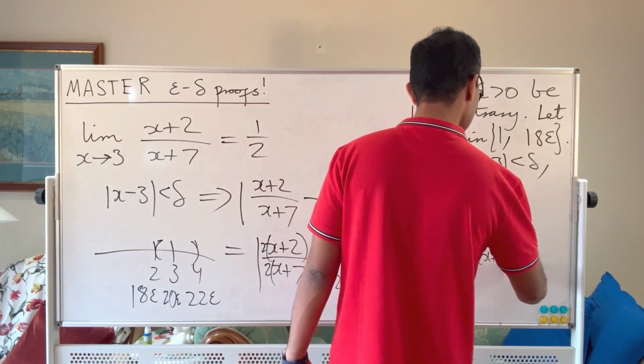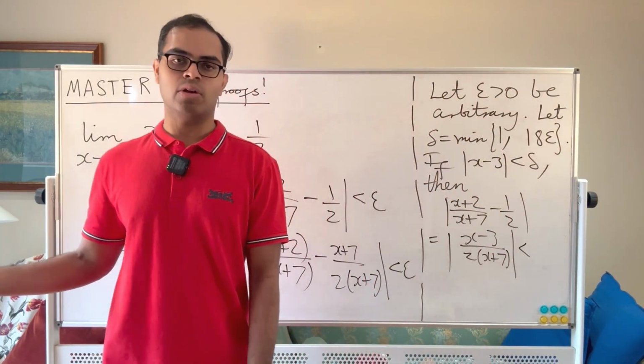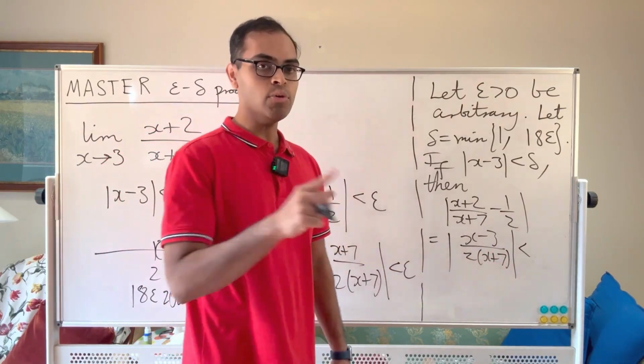We know this is less than, well, delta was the minimum of 1 and 18 epsilon, so it's the smaller of the two. It's less than or equal to both of them.